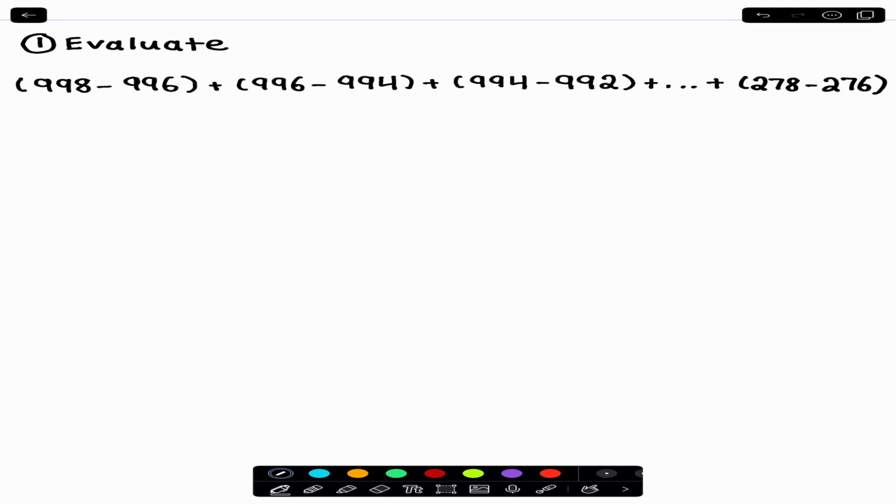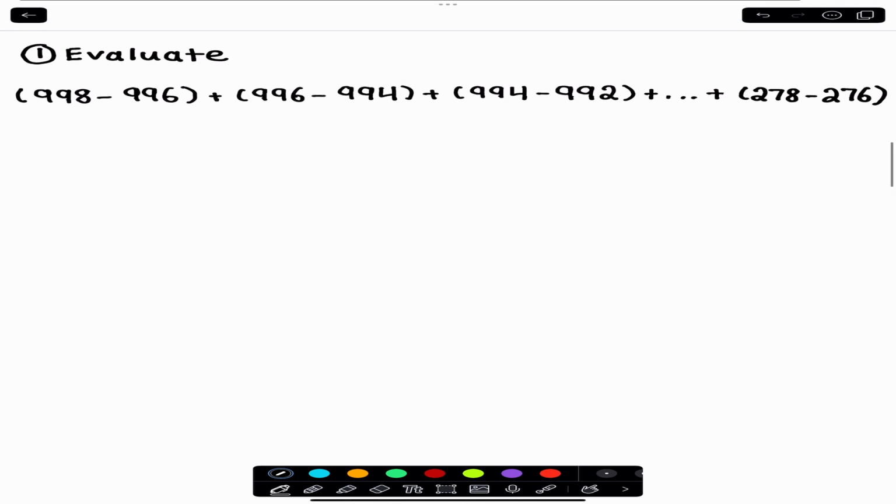You get the idea. It's going to keep going all the way until plus 278 minus 276. Now, I'm going to start off by showing you not necessarily the wrong way, but I guess we could say the inefficient way. So let's write that out.